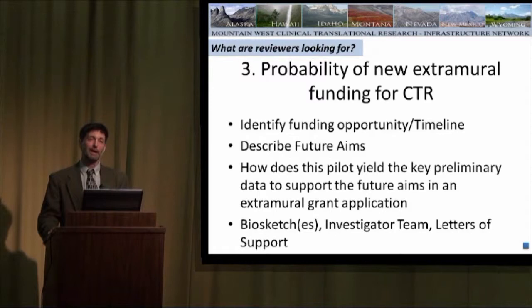We also ask them to comment upon and consider in their overall impact scoring whether or not the application convinced them that this pilot grant project is going to generate the key preliminary data. I know that we sound like parrots when we say this, but this is the key element of the program, whether it's going to generate that key data that's going to lead to a successful next step in seeking extramural funding.